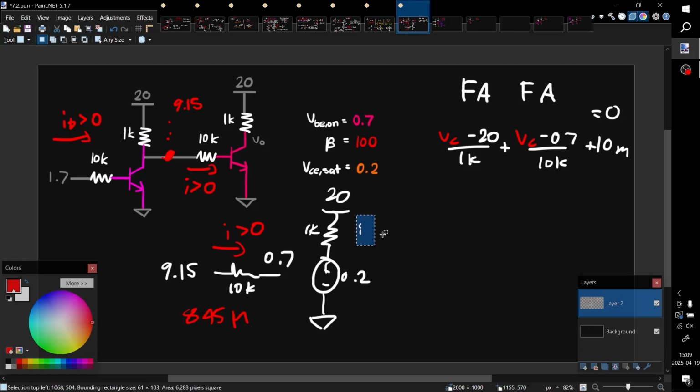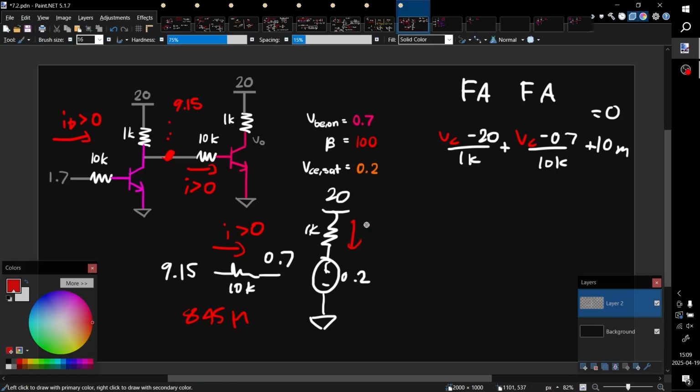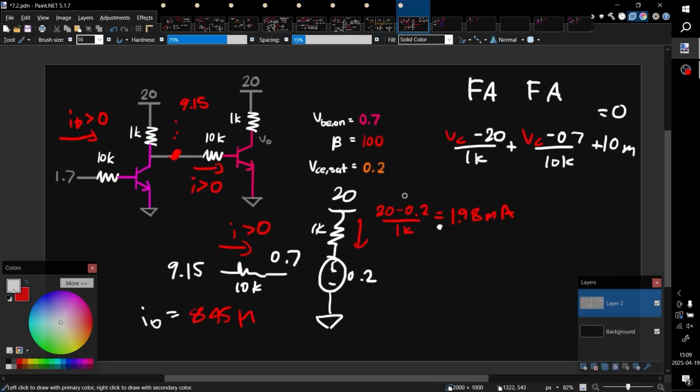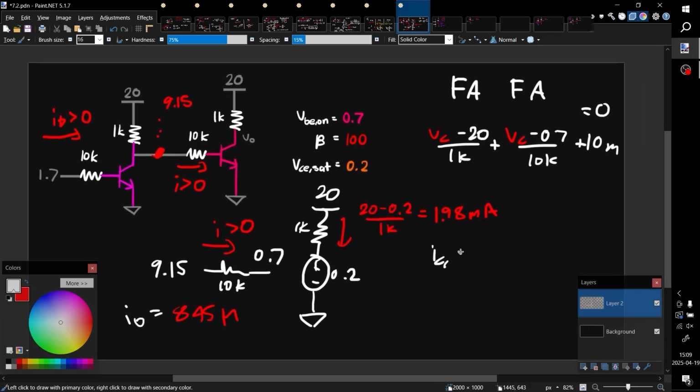There we go. Now let's verify this. This is no longer 84. It has saturated. This current here is going to be 20 minus 0.2 over 1K. This should give us 1.98 mA. Alright, this is IB. Let's verify that this is in saturation. We need to check that IC forward active must be much larger than IC sat, right?